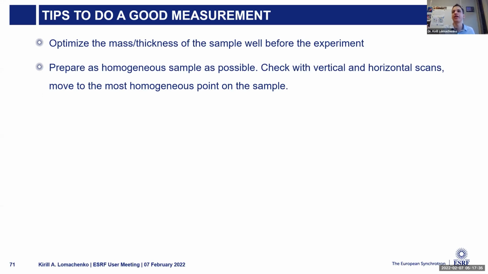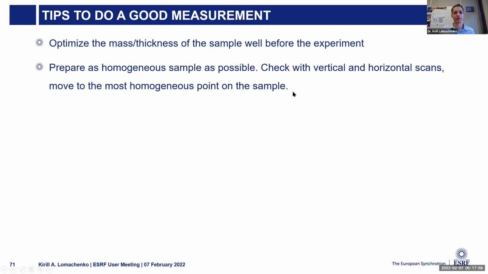And you can fight this only by making the sample as homogeneous as possible. When you do a vertical or horizontal scan, just scanning the motor of your sample stage, you can see it very well. So you can assess the homogeneity of your sample, and you can move to the point that is the most homogeneous. So this is very important to do.